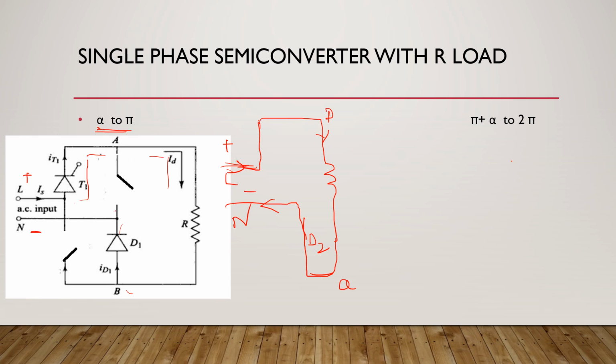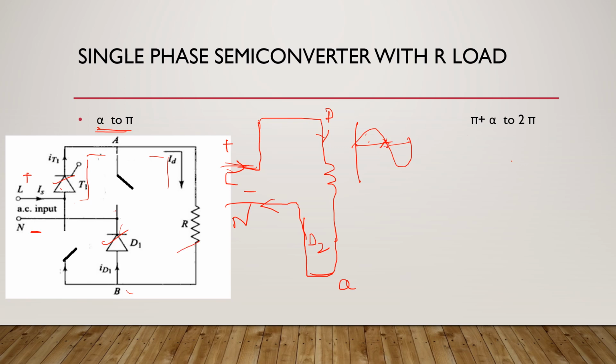Now what happens from pi plus alpha? The AC cycle is positive and negative. From alpha to pi, your T1 and D1 are conducting together. At pi, the voltage becomes zero.